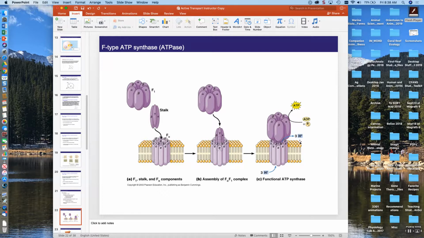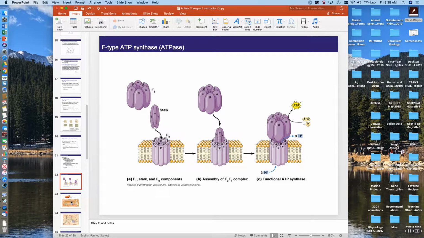And what you see here is these F-type ATPases tend to hydrolyze ATP. Now, it doesn't say that here, but it uses the energy from ATP to move protons against their concentration gradient. And if it's in this direction, then we call it an ATPase.